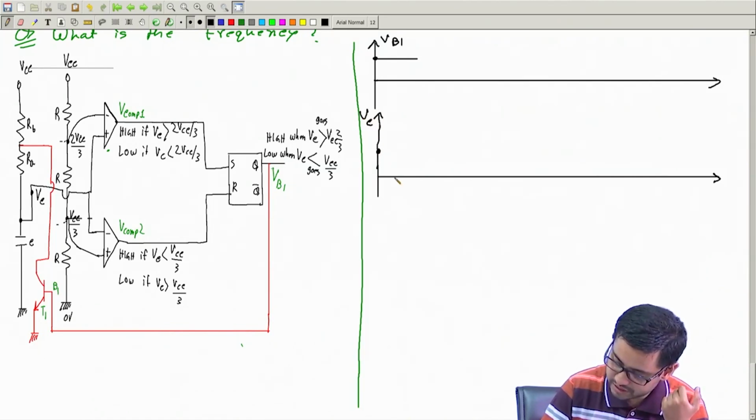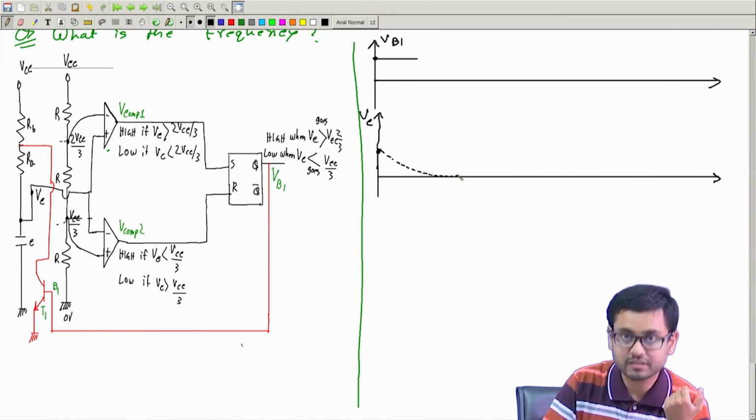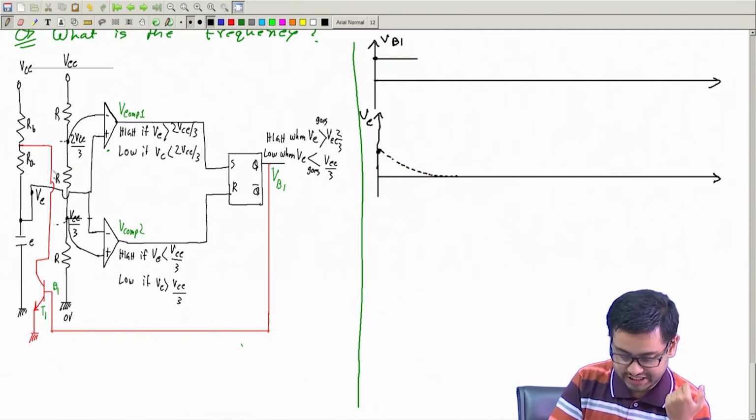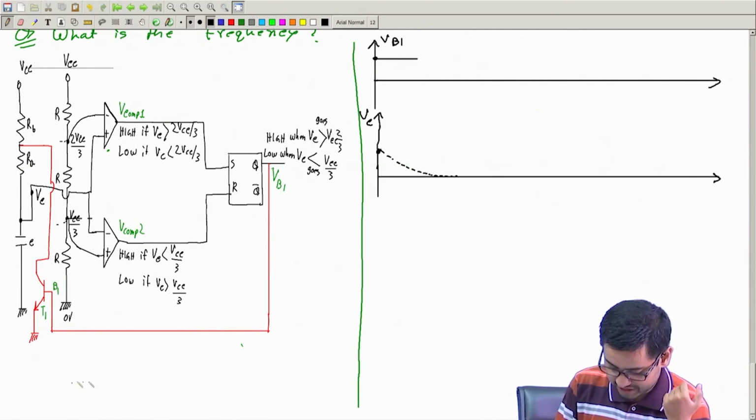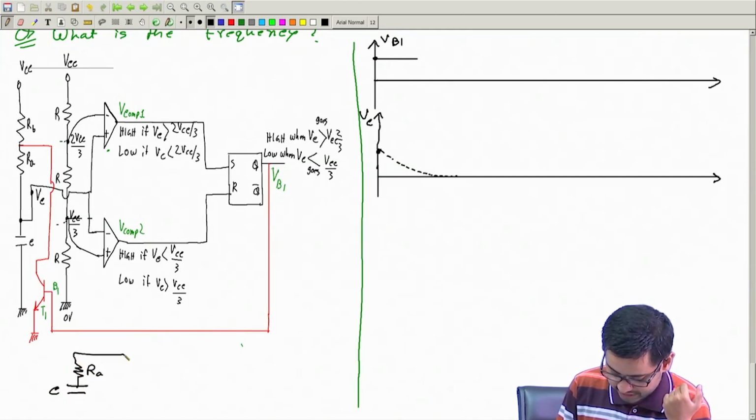I start from here and it will go towards the zero voltage, exponentially, because this is an RC circuit. It is just like this, right? Capacitor C, then in series we have Ra, and then this is grounded. That means these two are connected.